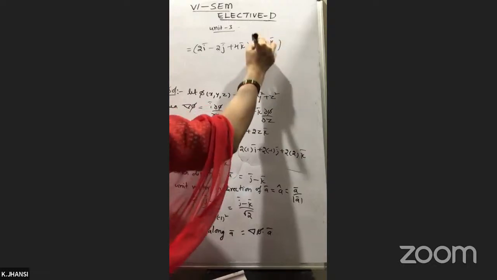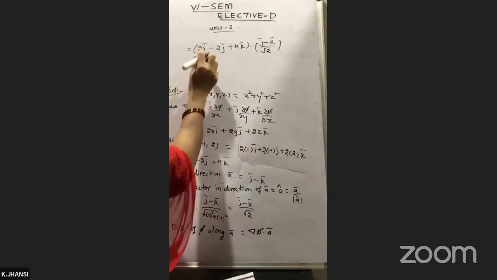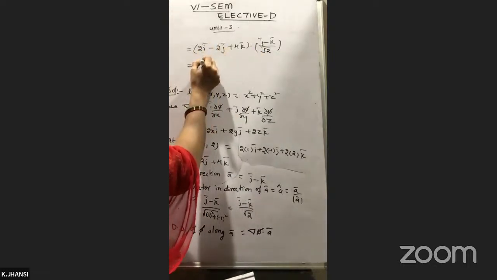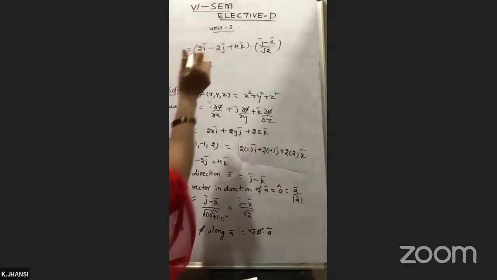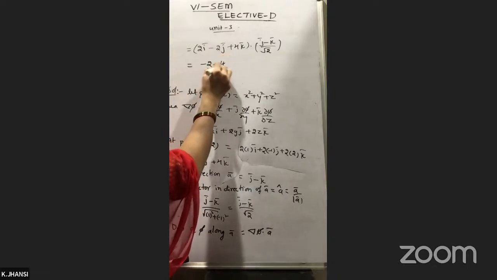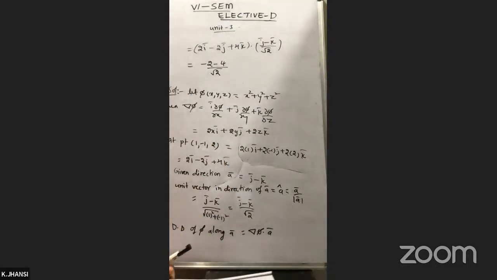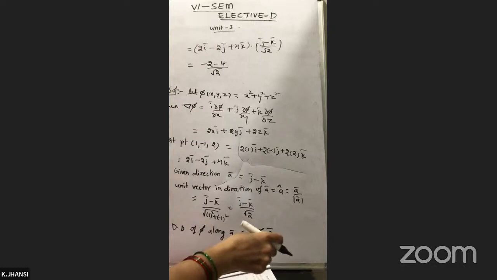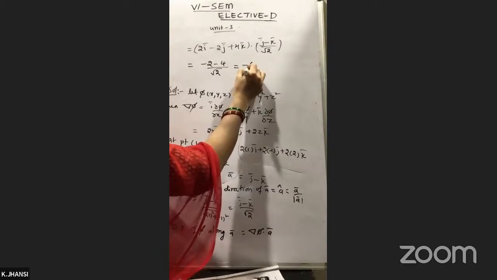In the numerator, you do the dot product. The i component: there is no i in A, so i into 0 becomes 0. Next, -2 into 1 gives -2. Then 4k into -1 gives -4. So the numerator is -6, divided by root 2.